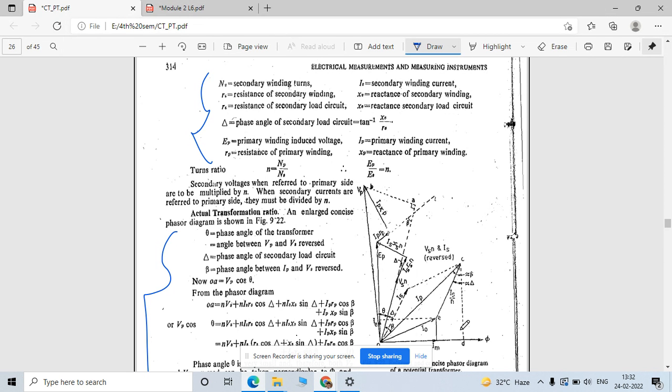Actually this is the angle between the impedances. Okay, so del is the phase angle of the secondary load circuit. And theta is nothing but your angle between the primary voltage and the secondary voltage.